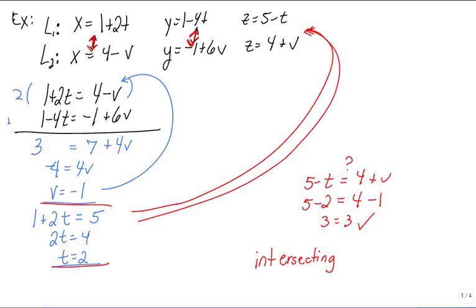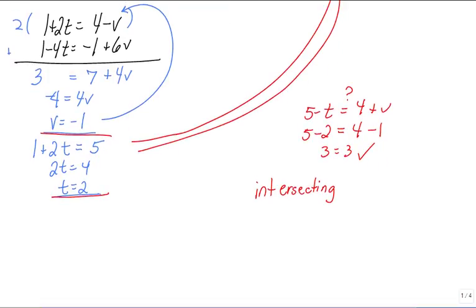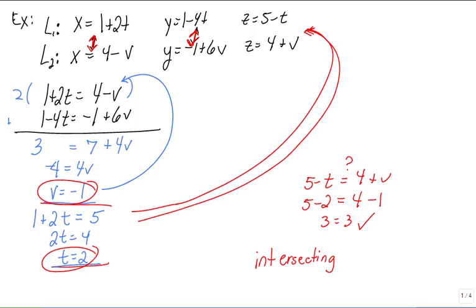Now where do they intersect? All you have to do is substitute this v and this t into any of the line equations. So let's substitute into line 1. So we get x equals 1 plus 2t, t is 2, so 5. y is 1 minus 4 times 2, which is negative 7. And z is 5 minus 2, which is 3.